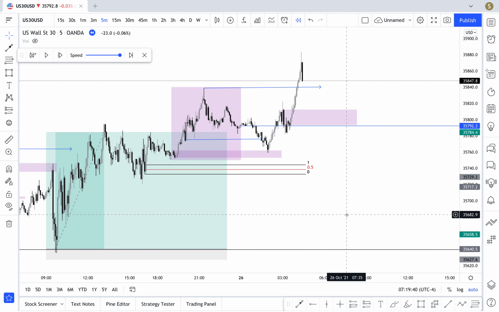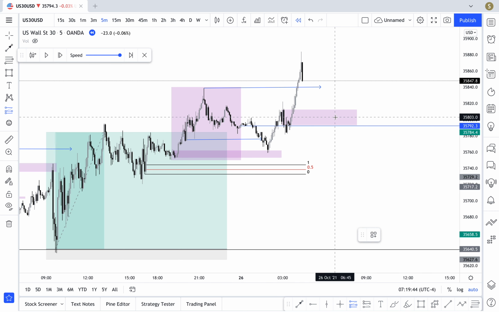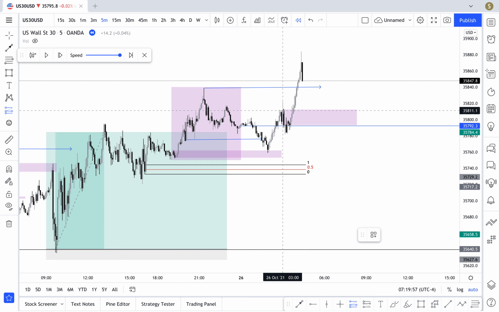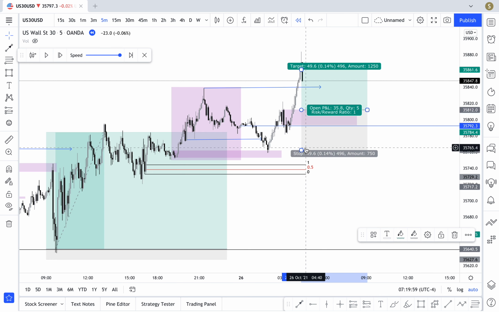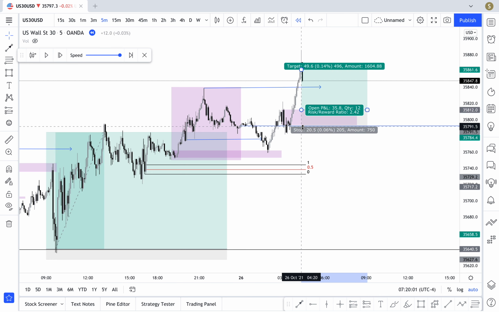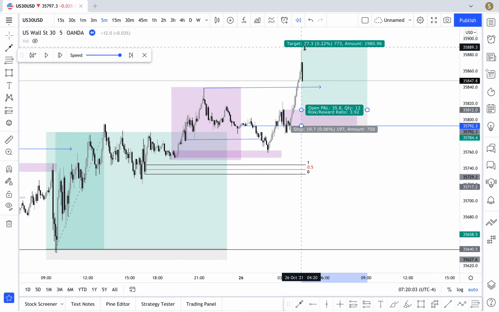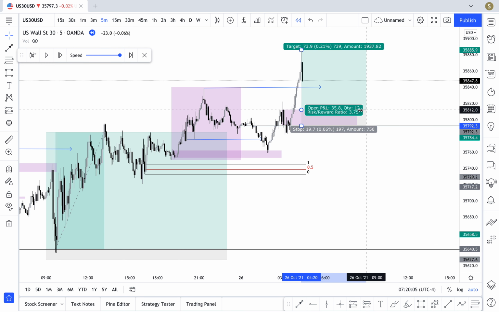So it all depends on the risk side. How do you know how to risk? Let's say I look at that area where market is going, then I say, you know what, I'm going to risk here. Let me maybe risk somewhere here. Now from this level, this block starts from here, so let me just risk here a bit, not that much, and my target is just going to be that high.